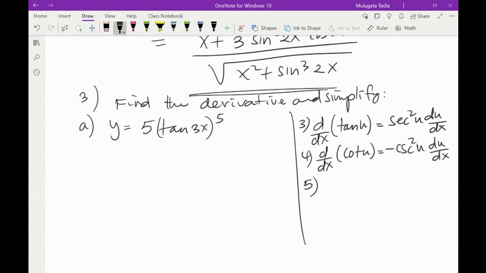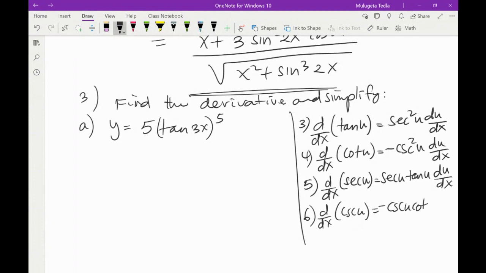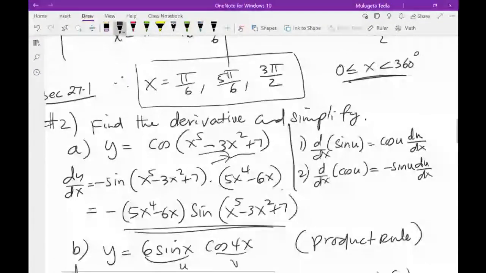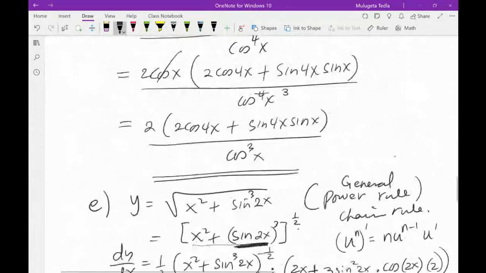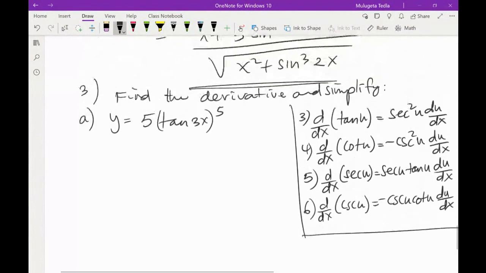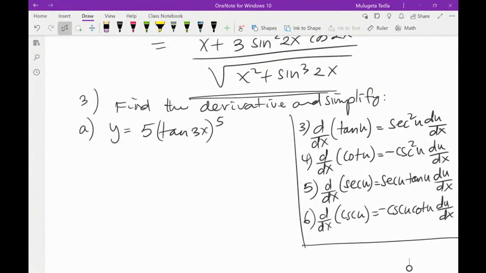And number 5, d by dx of secant of u is secant of u tan of u du by dx. 6, d by dx of cosecant of u is minus cosecant of u cotangent of u du by dx. I will add those to the formula sheet. Like I said, we had the first 2 here, and then we got the 4, because this is section 2. They call them other functions, because section 1 was only for sine and cosine.